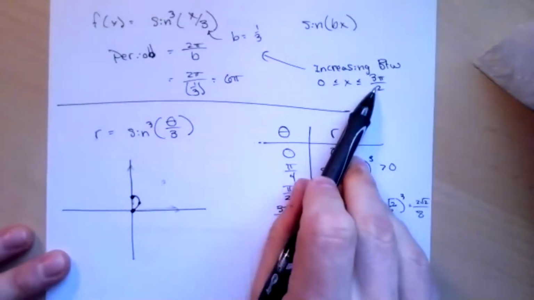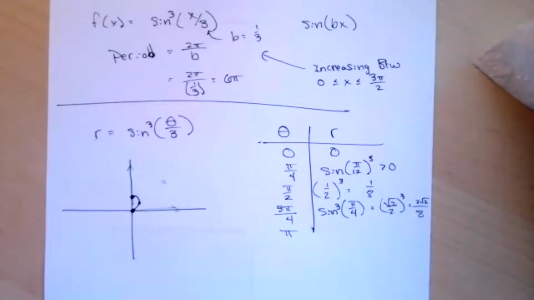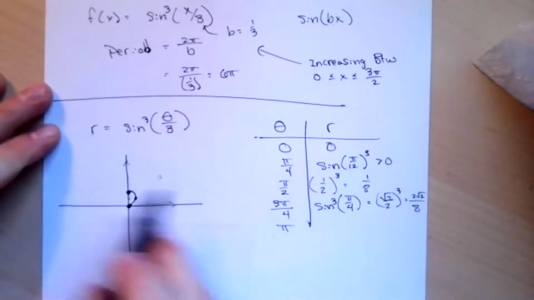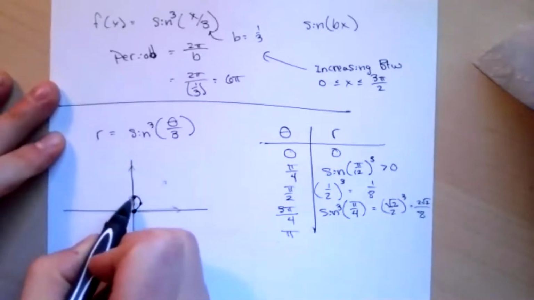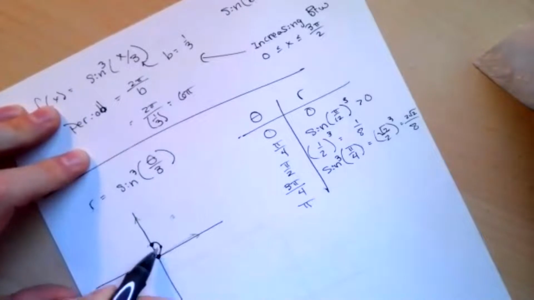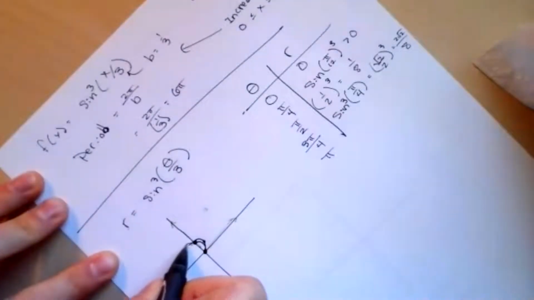Because we know that if I plug in 3 pi over 2 here, that's when the argument will be pi over 2. So at least up until we get to 3 pi over 2, we know these values are going to be increasing. And so I don't think we want it to loop downward, but it's going to come up and then go around.